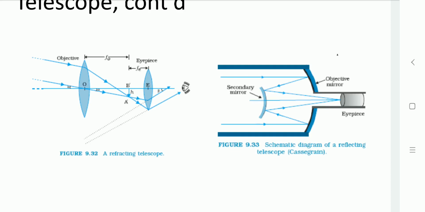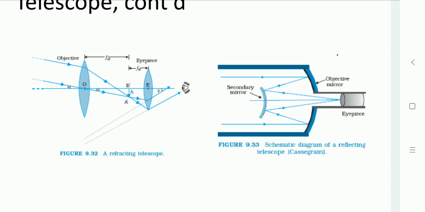It is difficult and expensive to make large lenses which form images free from any kind of distortion. For that reason, modern telescopes use a concave mirror rather than an objective lens, as you can see in the diagram.